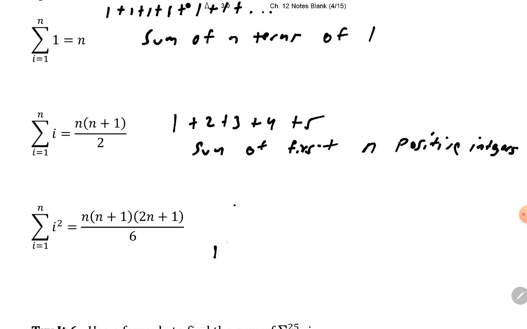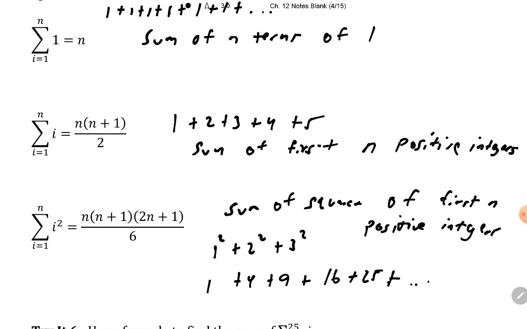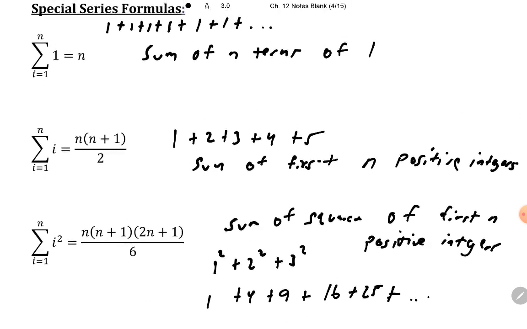So this is 1 squared plus 2 squared plus 3 squared, which is 1 plus 4 plus 9 plus 16 plus 25 plus dot dot dot. And these equal these formulas here.